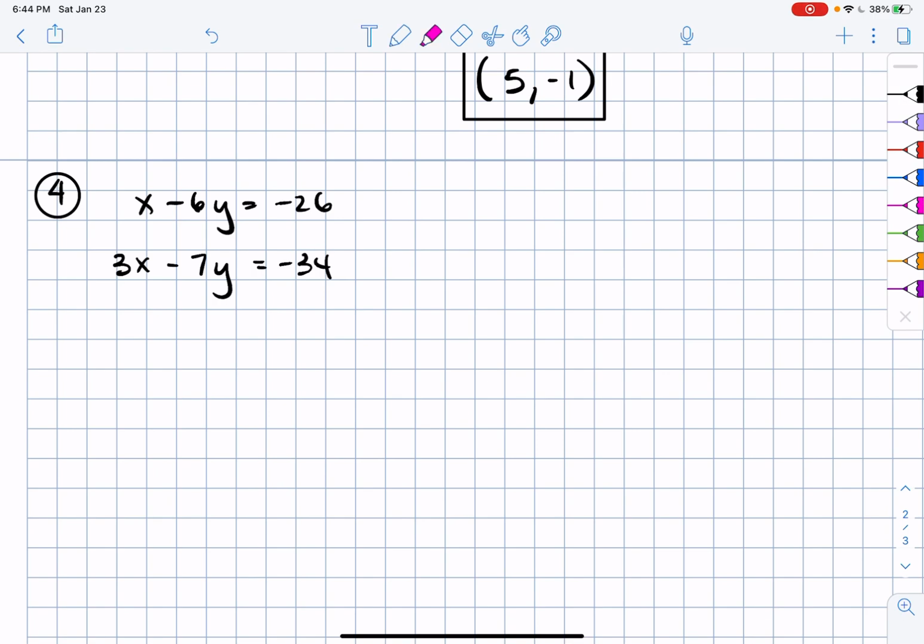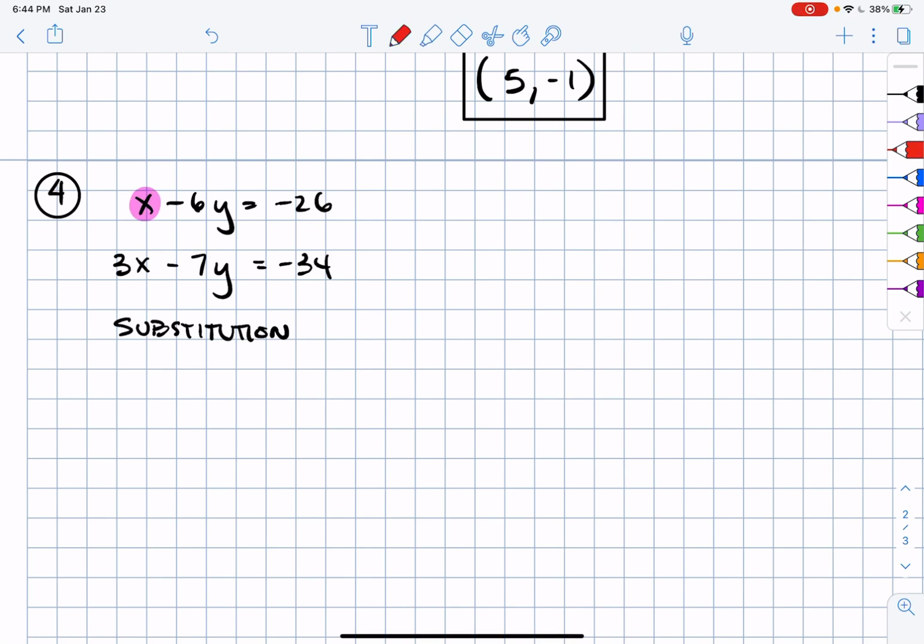Anytime I need to do substitution, what I want to do is look at the coefficients, right? To say, okay, where do I have a 1 or a negative 1? And it's obvious that's the winner right there. So I'm going to get x by itself.